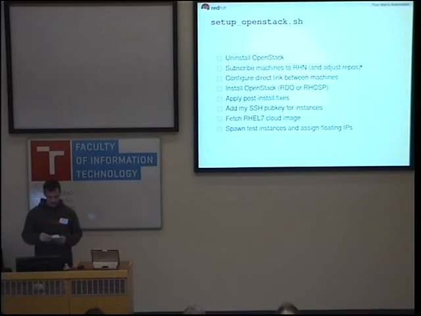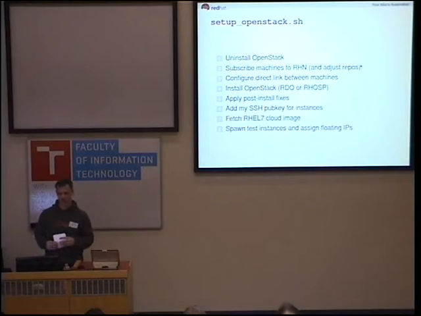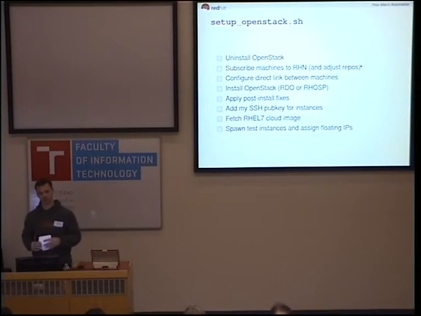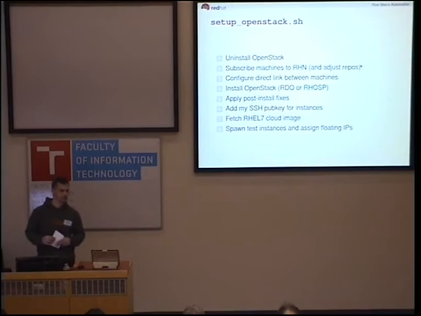So what does setup OpenStack do? In order to get me a little bit faster to a new setup, I added at the first point to just uninstall everything that's on the boxes, so I didn't have to reprovision them, which is always time consuming. It subscribes the machines to Red Hat Network.